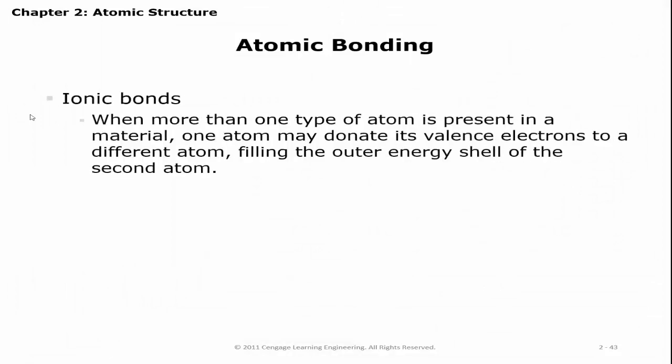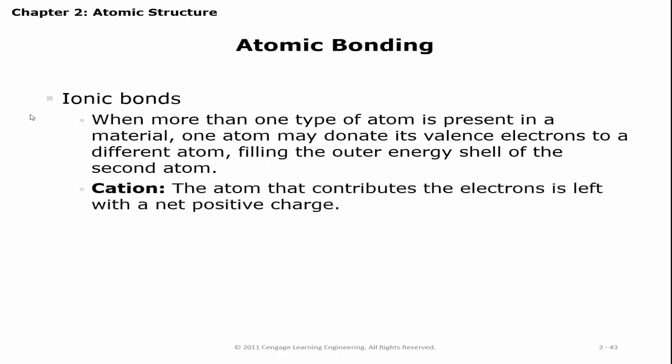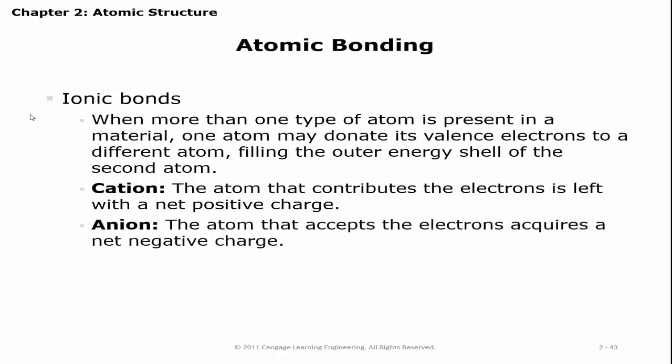For the ionic bonds, it's about when more than one type of atom is present in a material. One atom may donate its valence electrons to a different atom, filling the outer energy shell of the second atom. The atom that contributes the electrons is left with a net positive charge.